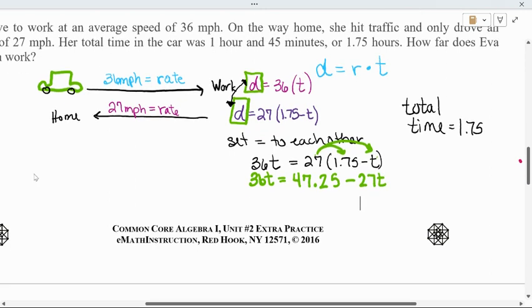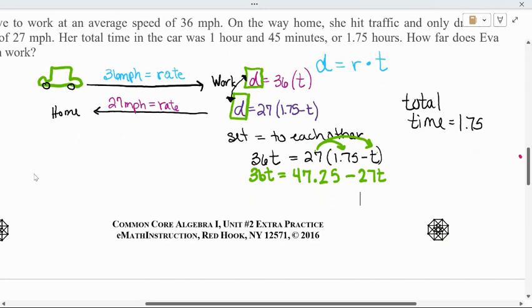Now, this is the first time that we've actually had an equation with variables on both sides. And that's really kind of an example for our next lesson. But I want to talk to you about it anyway. So remember that when we solve an equation, you want to get all of the variables on one side and all of the constants on the other.